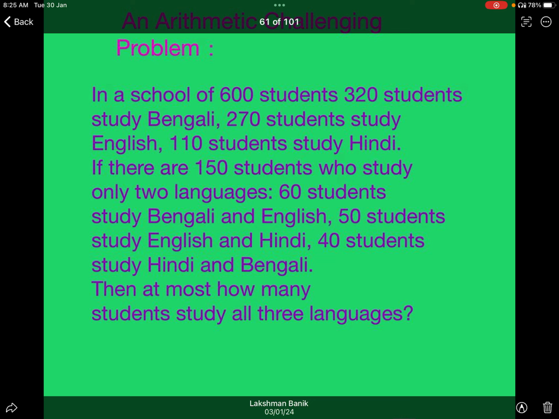If there are 150 students who study only two languages, that is 60 students study Bengali and English, 50 students study English and Hindi, and 40 students study Hindi and Bengali, then we have to find out at most how many students study all three languages, that is Bengali, English and Hindi.